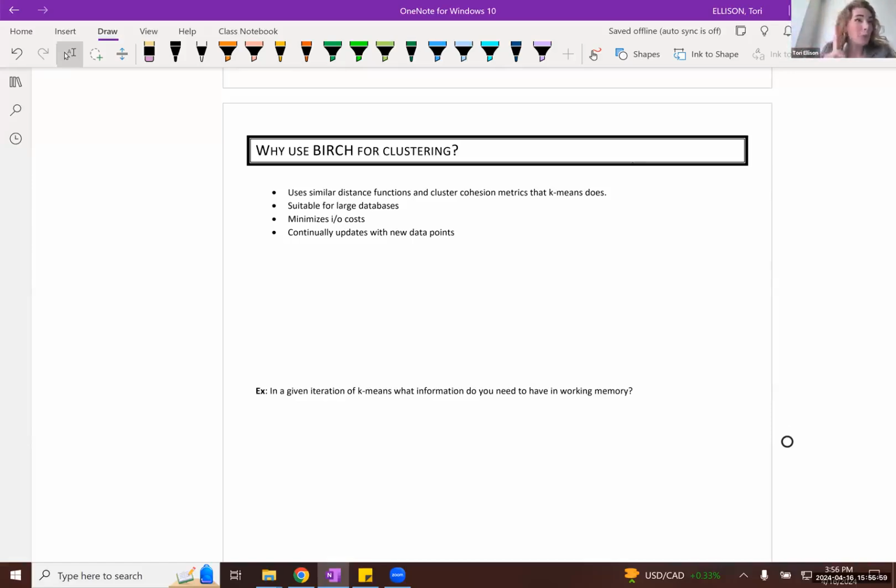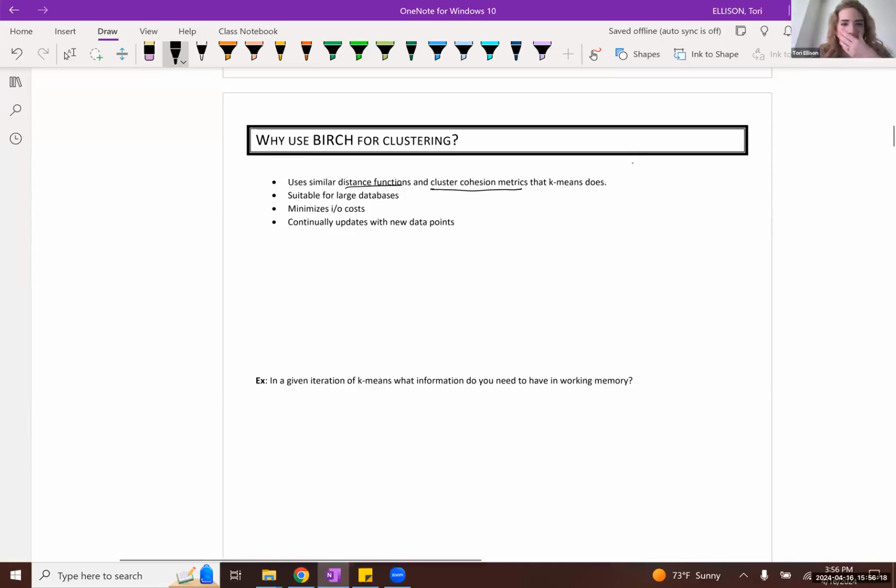But the similarity is the distance functions, as well as the ways in which we measure cohesion of the clusters. So these cluster cohesion metrics are going to be the same as in k-means, essentially.